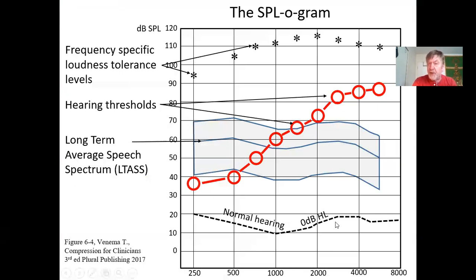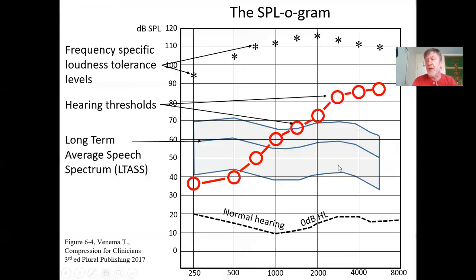Normal hearing, 0 dBHL on the bottom, MAP, loudness tolerance levels, frequency specific, asterisks at the top. Rising audiogram, in other words, poorer and poorer hearing toward the high frequencies. You now know exactly what the person hears, what's above his thresholds and what's below his thresholds.